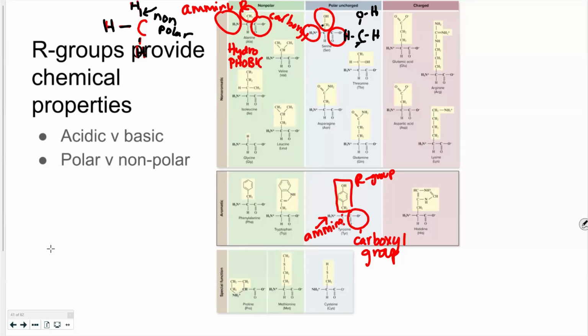Our OH is here. We know that this bond is a polar bond, and so therefore, it's going to be hydrophilic, where it loves water.